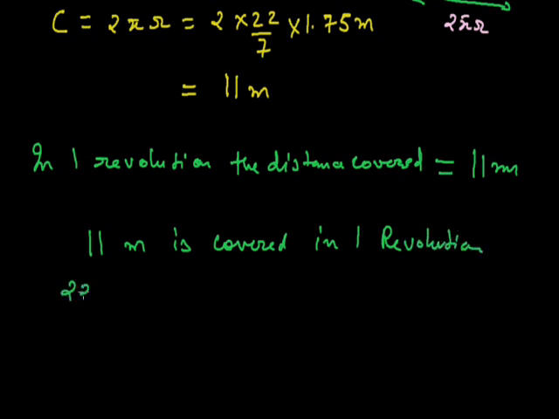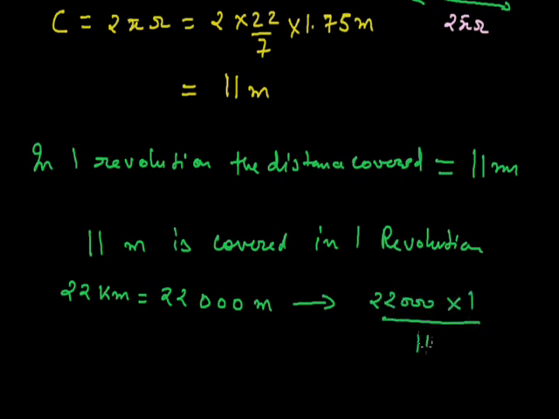So 22 kilometer, that is 22,000 meter, will be covered in 22,000 into 1 upon 11. That will be equal to 2,000 revolutions.